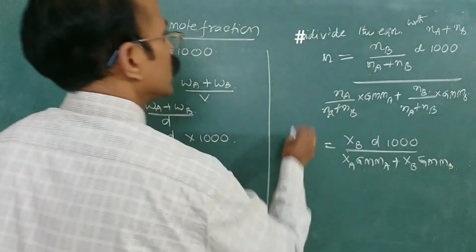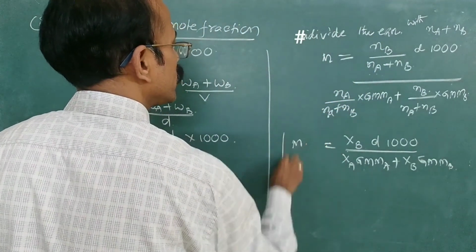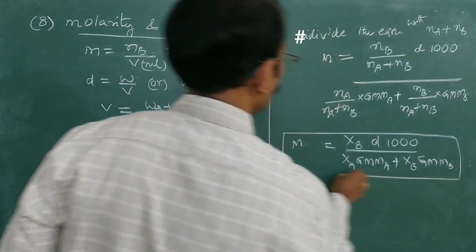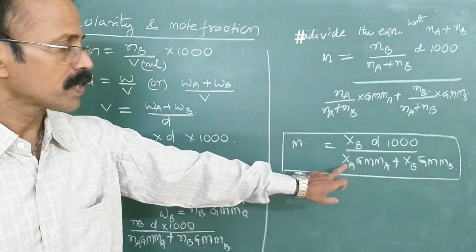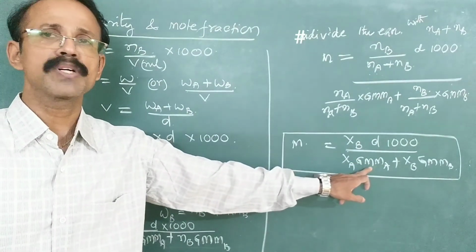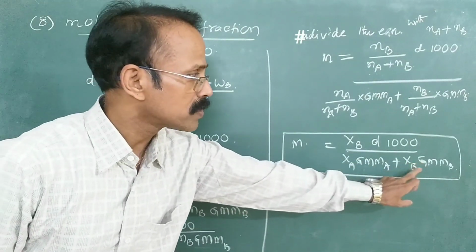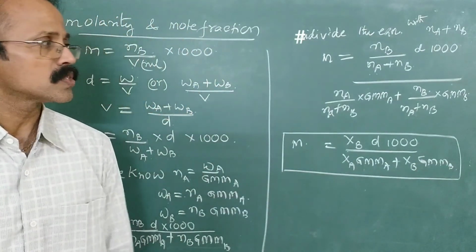Now what is molarity? Molarity is equal to the mole fraction of solute into density into 1000 divided by the mole fraction of solvent into the gram molar mass of solvent plus the mole fraction of solute into the gram molar mass of solute.